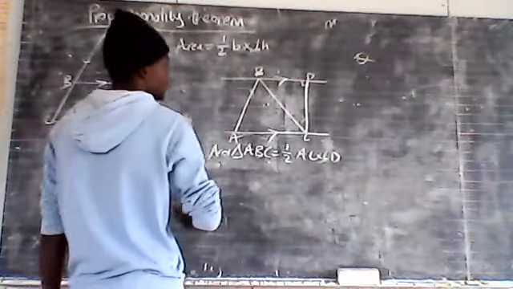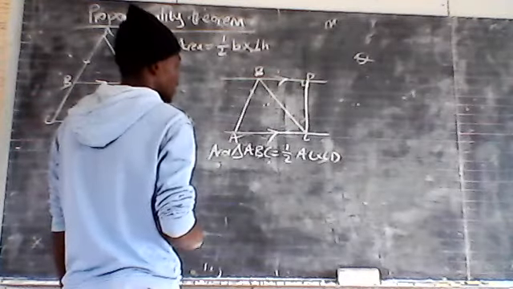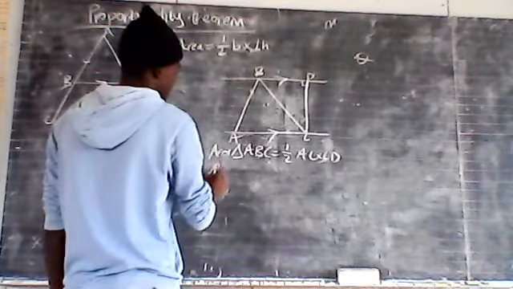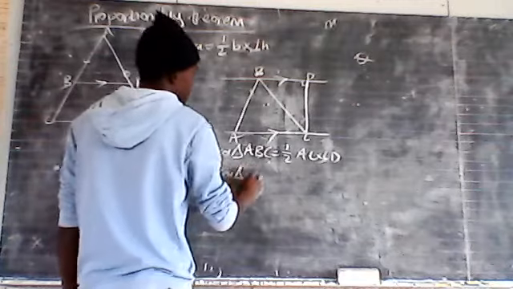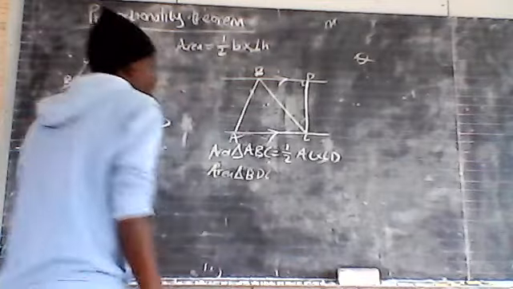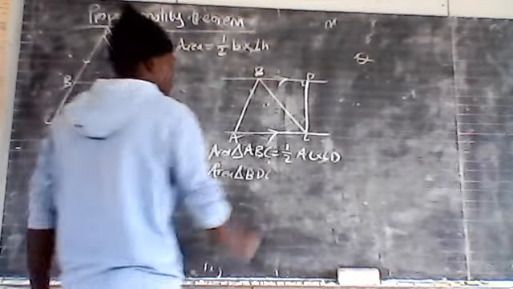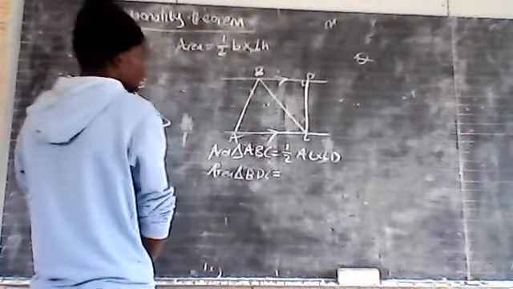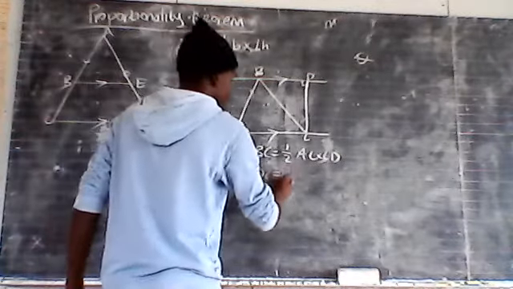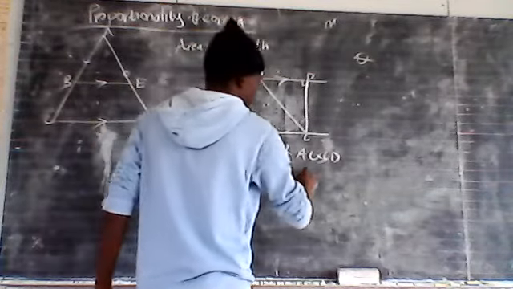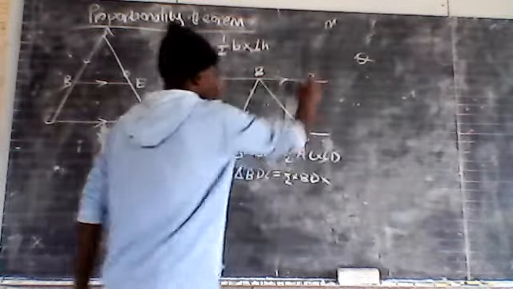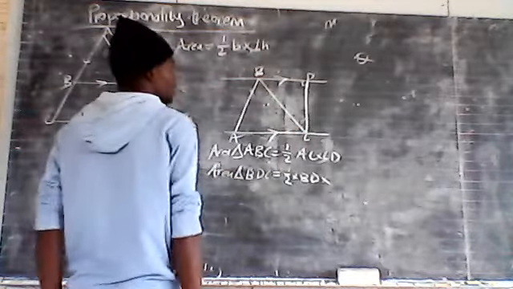And also if I were to calculate the area of triangle BDC, you'd see that actually the area of the triangle would be half of BD multiplied by the perpendicular height of triangle BDC.